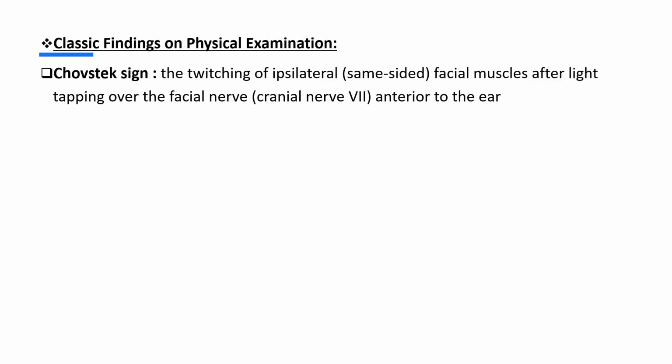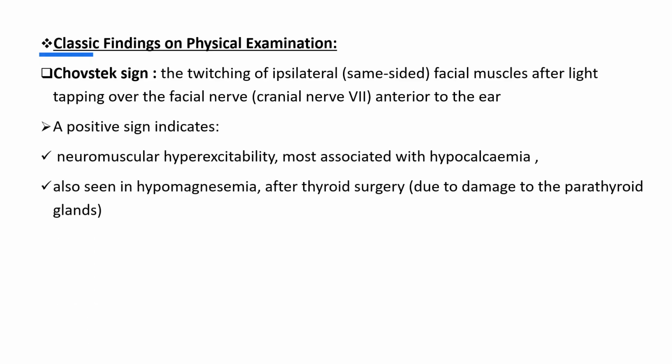If this twitching happens, it is called a positive Chvostek sign, and that indicates neuromuscular hyperexcitability, most associated with hypocalcemia, and also seen in hypomagnesemia and after thyroid surgery that may damage the parathyroid gland as well.